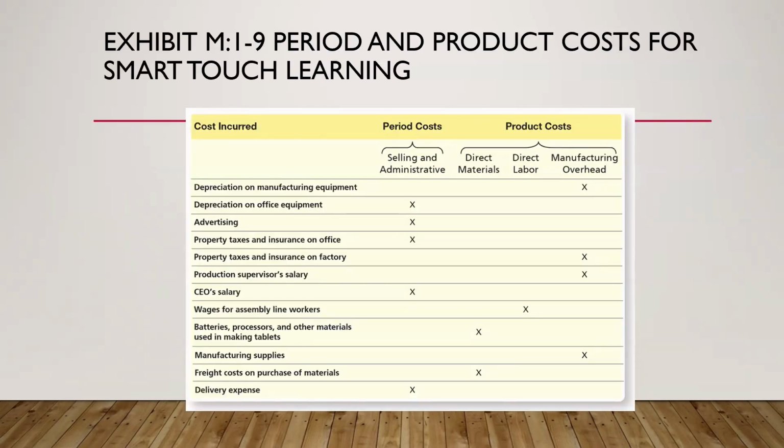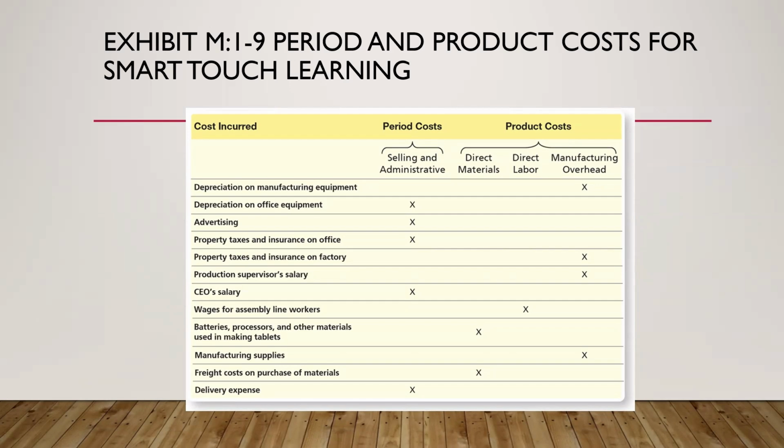Here in Exhibit 1.9, it provides some examples of Smart Touch Learning's period and product costs. Here you have the period costs, which include selling and administrative, and you have your product costs, which include direct materials, direct labor, and manufacturing overhead costs.